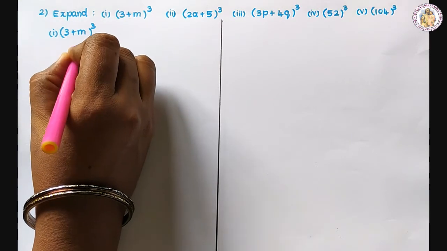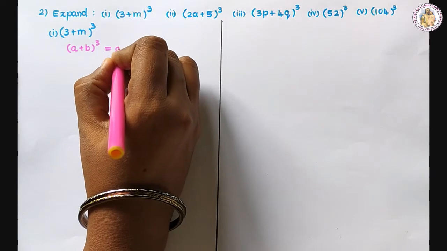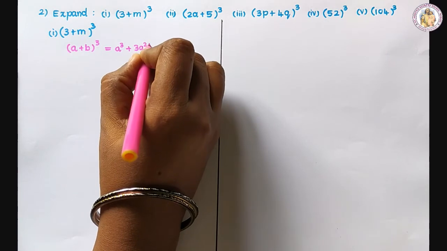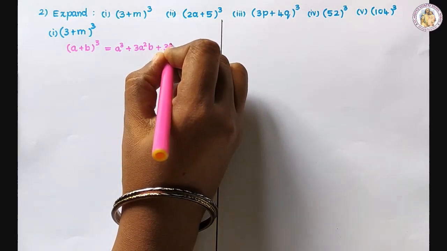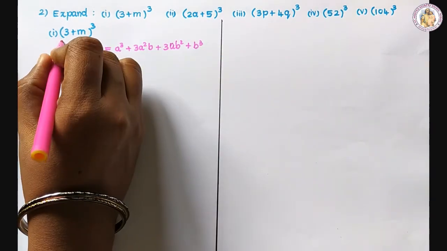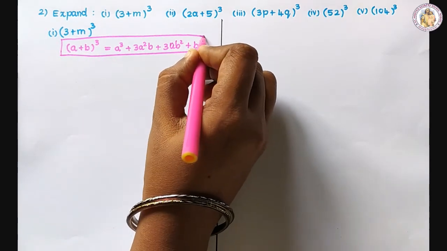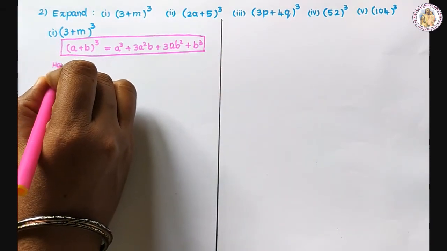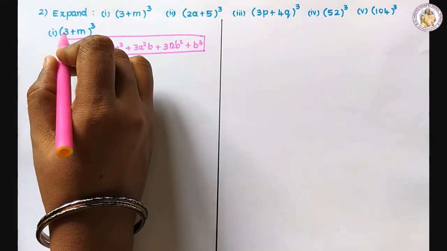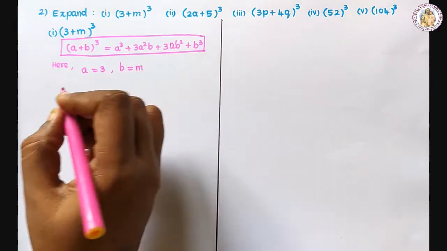Write down the formula: (a plus b) whole cube equal to a cube plus 3a squared b plus 3ab squared plus b cube. Here, what is a? a equal to 3 and b equal to m.